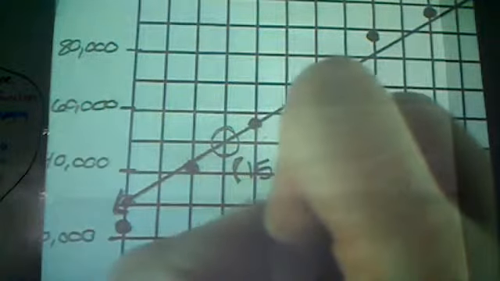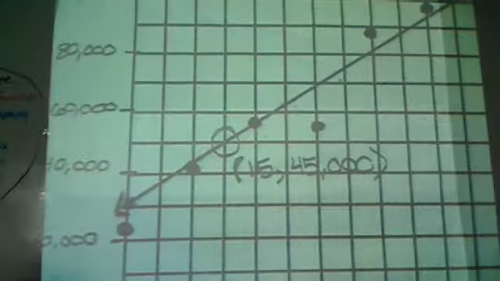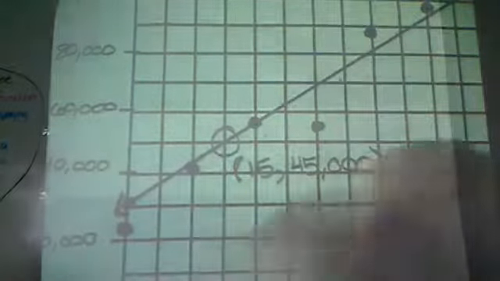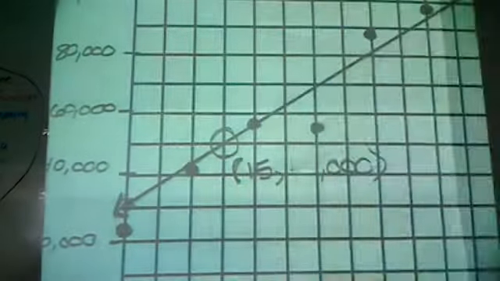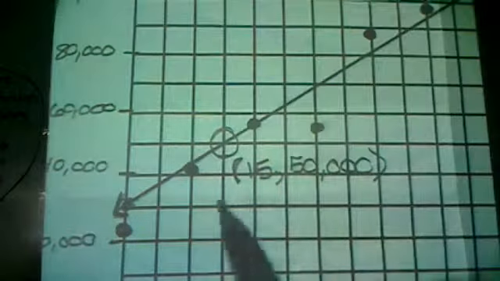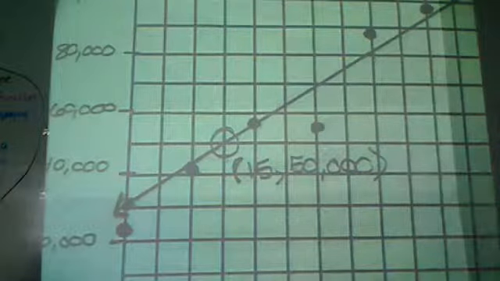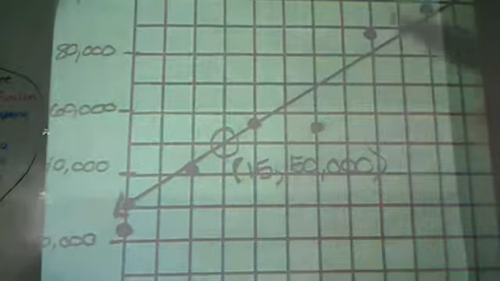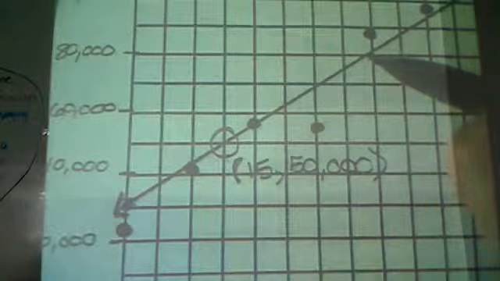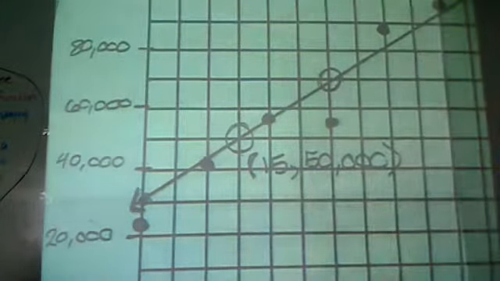That point is 15, oh no, not 45,000, I apologize. 50,000, because it's halfway between 40 and 60. So 15, 50,000.